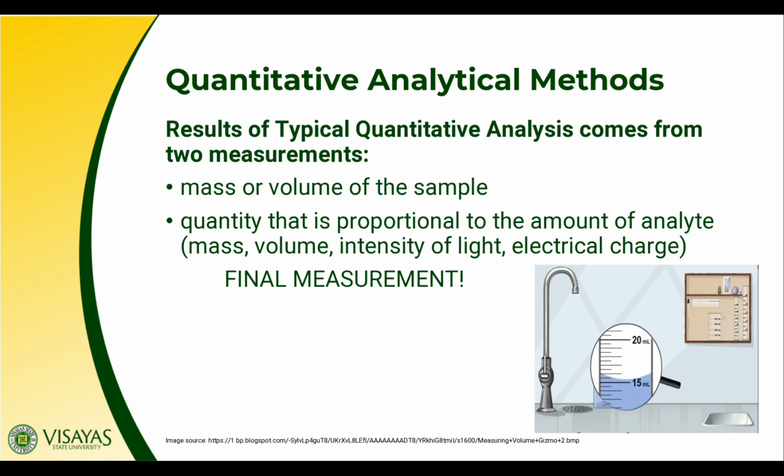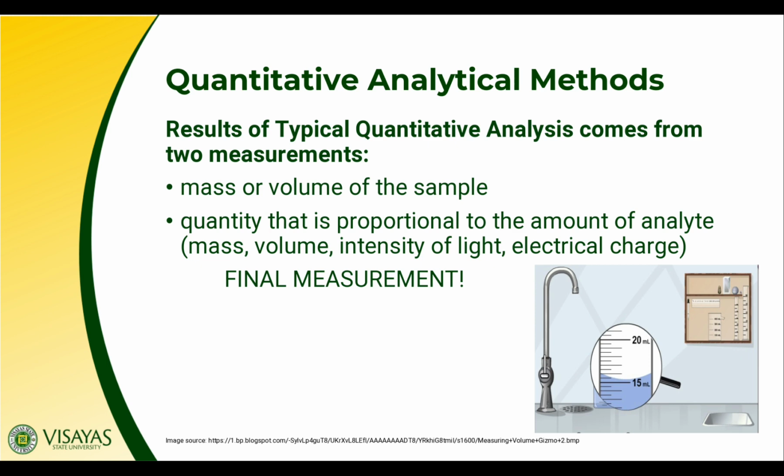And when we talk about quantitative analysis, we should know the different quantitative analytical methods. When I say quantitative analytical methods, these are the methods that could be applied for us to quantify the relative amounts of those chemical species being identified. So the results of a typical quantitative analysis usually come from two measurements.